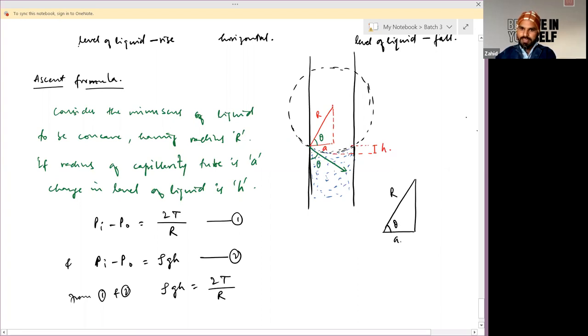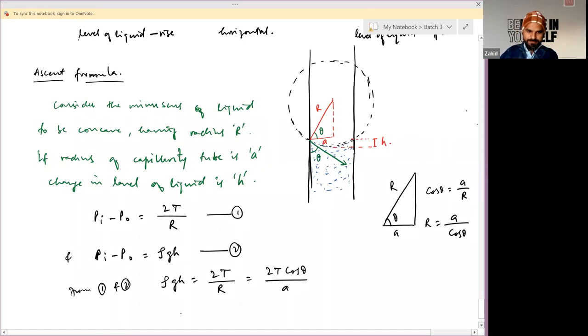So for this theta, A is base and R is hypotenuse. So cos theta equals base by hypotenuse. So R will be A by cos theta. So if you put this term in this equation, you will get 2T cos theta divided by A.